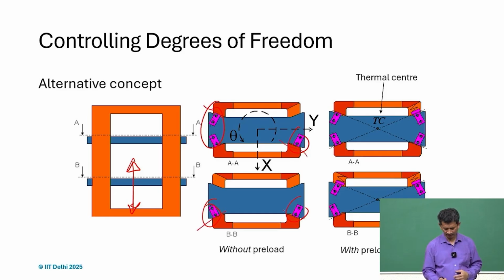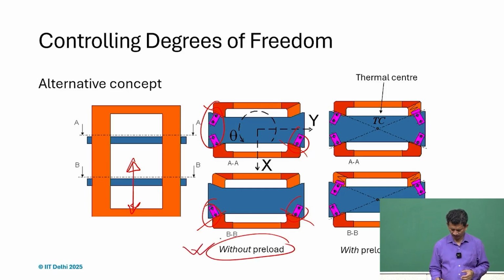The question is what if there is any change in temperature, any thermal variation, expansion and contraction: how can it be allowed, so that it does not get stuck. Of course, this is without preload.